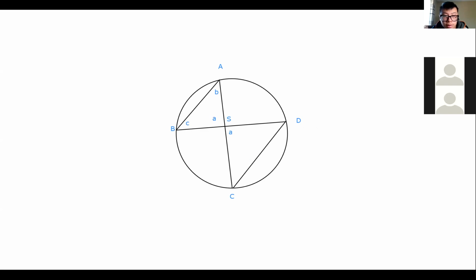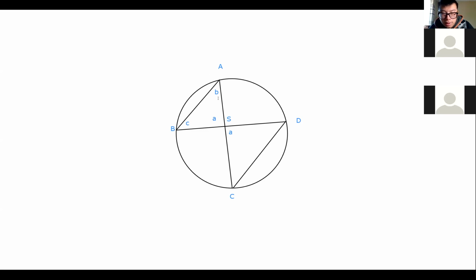And let's find some other properties. Sorry guys, I'm trying to remember how I proved this chord theorem. What I'm trying to prove right now is that these angles have to be equal to each other.